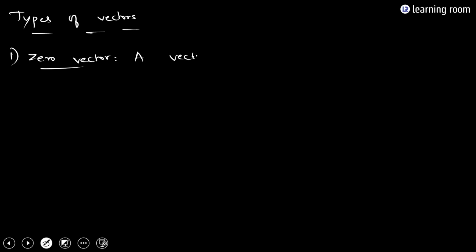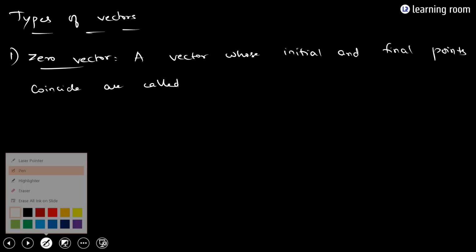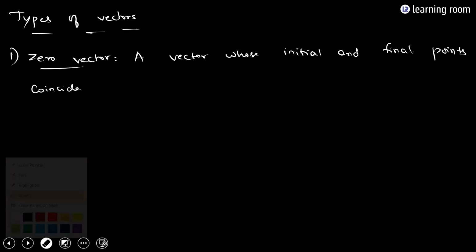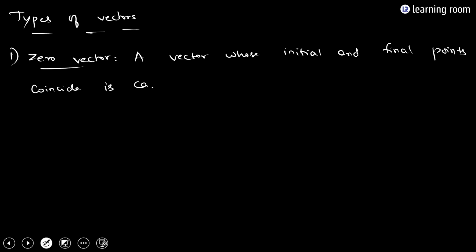So, a vector whose initial and final points coincide is called a zero vector, or it can also be called as null vector. And how is it represented? As 0 with an arrow mark on top of it.